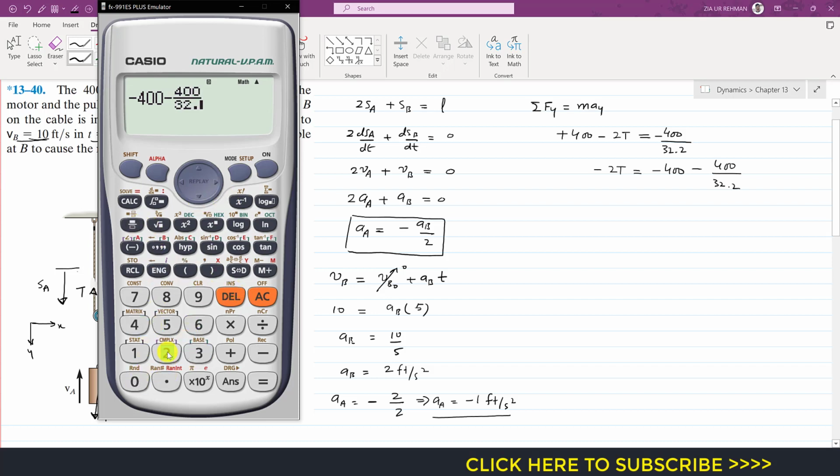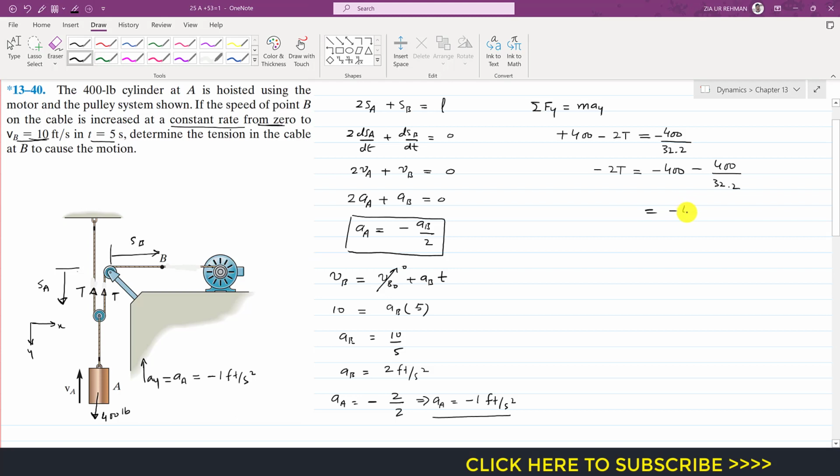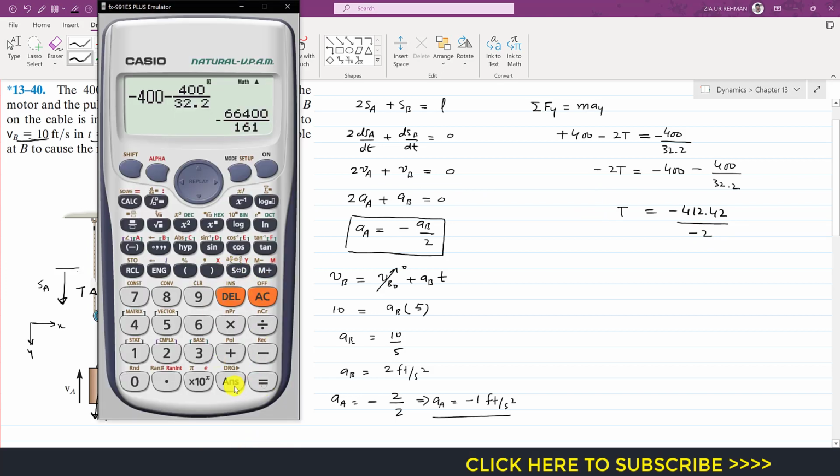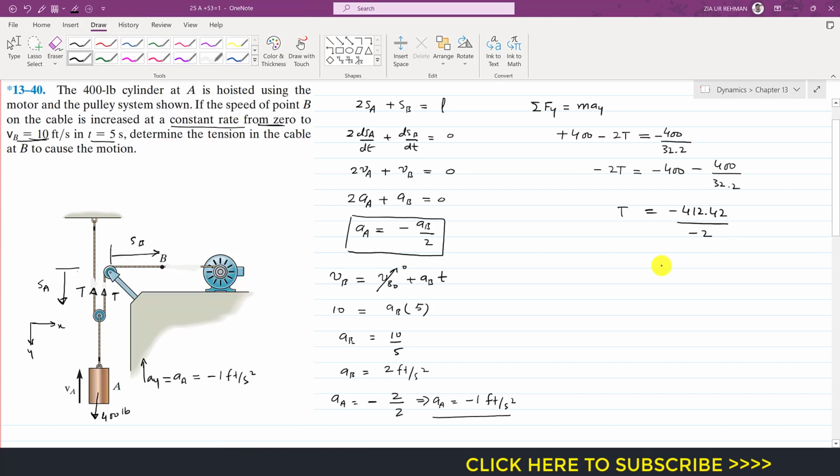This gives us minus 412.42, and this is equal to minus 2T. If we divide both sides of the equation by minus 2, we will get the required tension in the cable, which is 206.21.